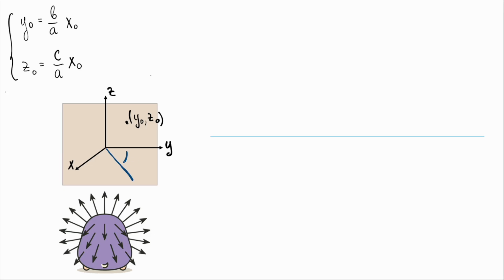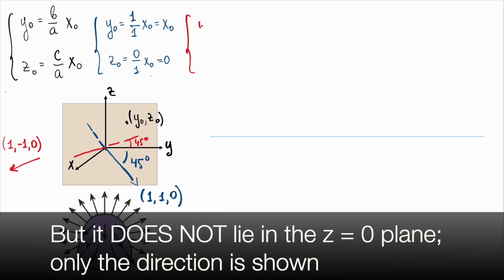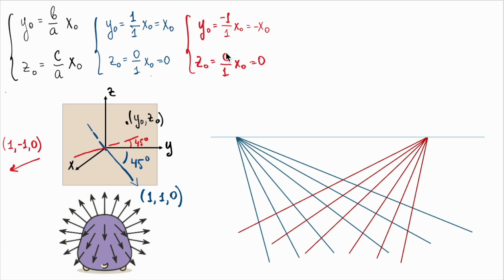Now let's take a line which lies in a horizontal plane and goes at a 45-degree angle to the x-axis, either to the left or to the right. That means that the direction is (1, 1, 0) or (1, -1, 0). And if we find the vanishing point in the same way as before, we get the vanishing point at the coordinate plus or minus 1 multiplied by x0.